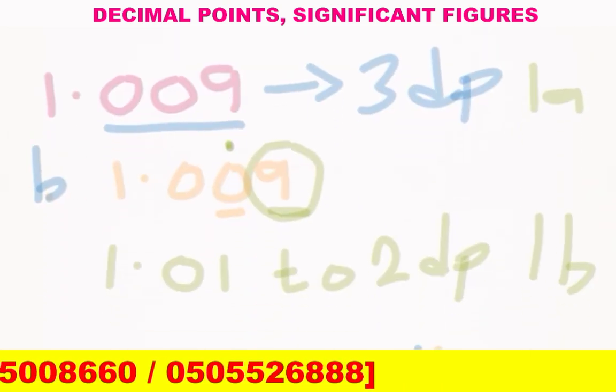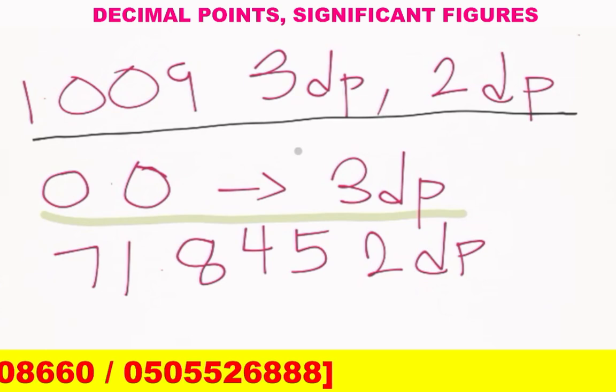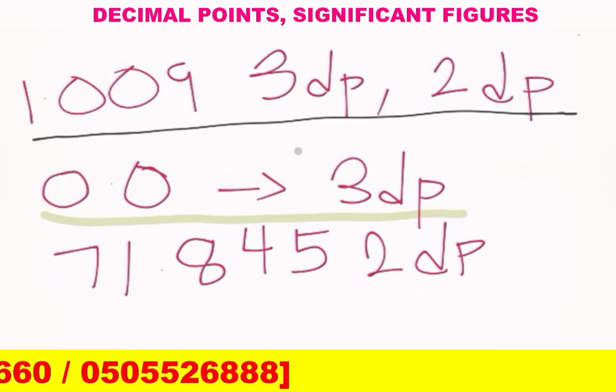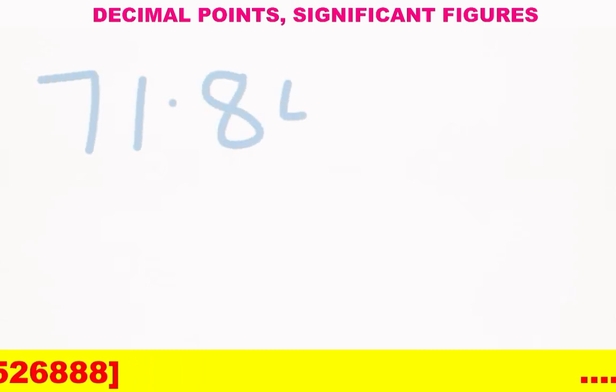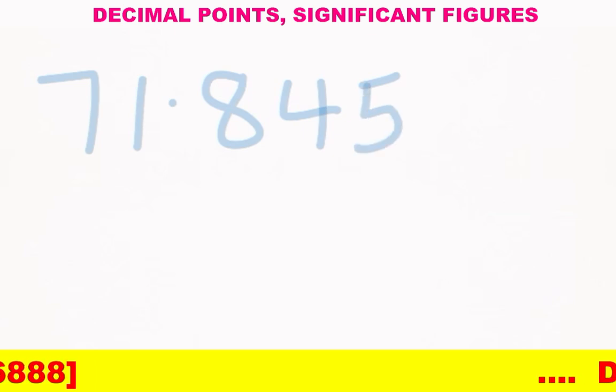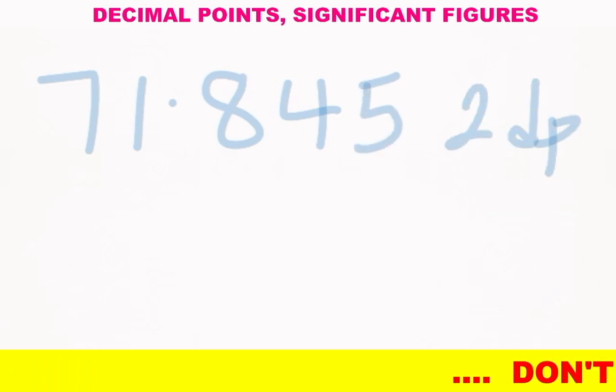Let's look at the next one. We also have 71.845 to 2dp. We are converting to 2dp. So what are we going to do?